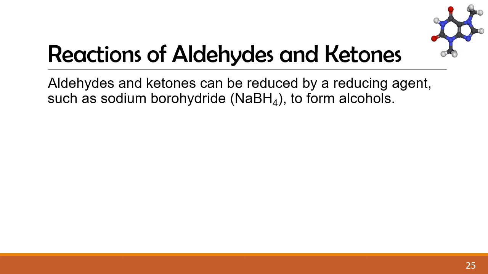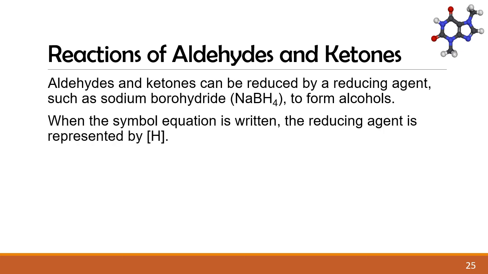On the other hand, aldehydes and ketones can be reduced by a reducing agent such as sodium borohydride to form alcohols. When the symbol equation is written, the reducing agent is represented by H in brackets.